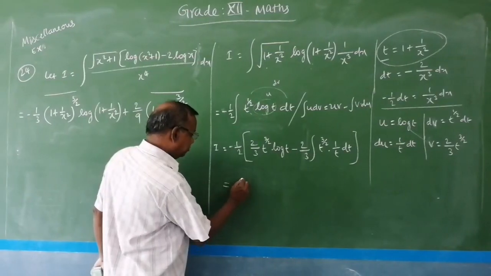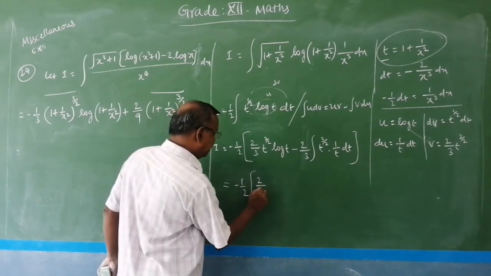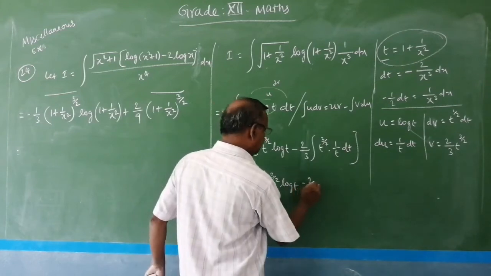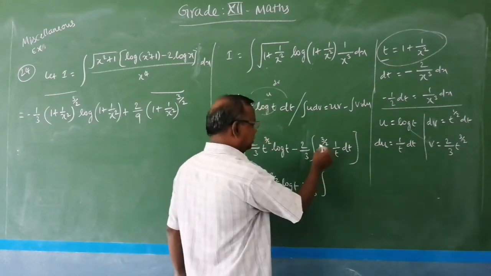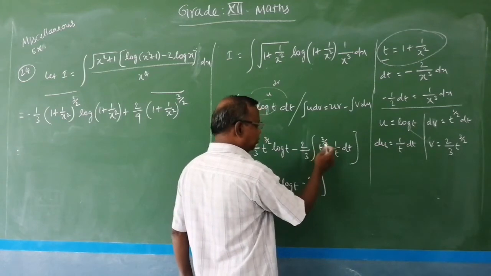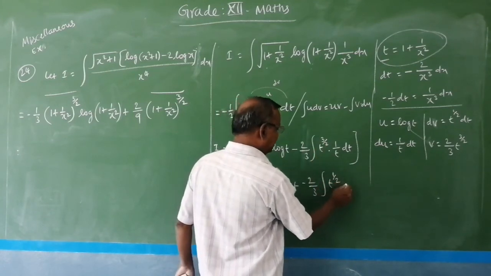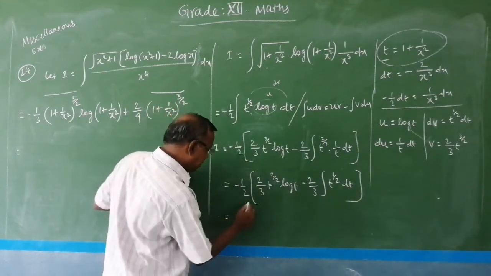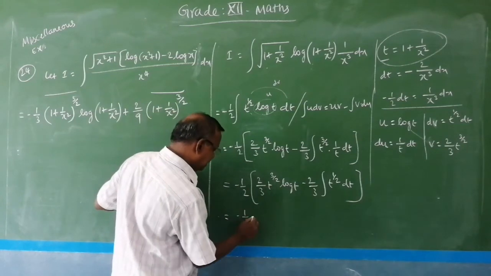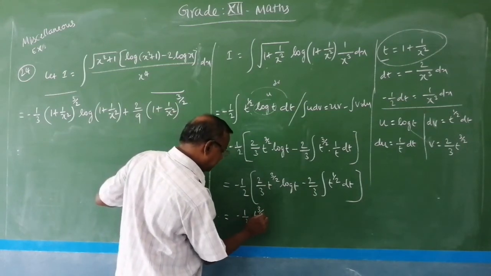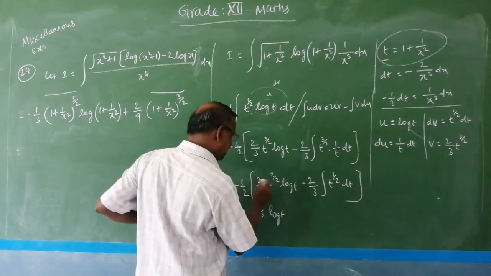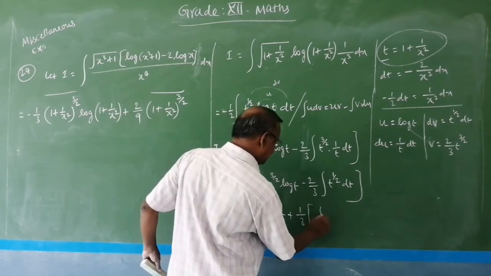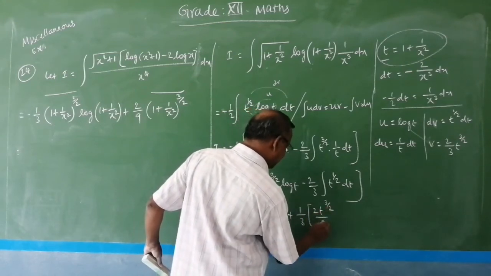This equals minus 1 by 2 into 2 by 3 t power 3 by 2 into log t minus 2 by 3 into integral t power 3 by 2 means t into root t, that is t power 1 by 2 into dt. Now multiply this inside: minus 1 by 3, the 2 cancels, into t power 3 by 2 into log t, and minus into minus plus, so 2 cancels again, 1 by 3 into t power 3 by 2 into 2 by 3.